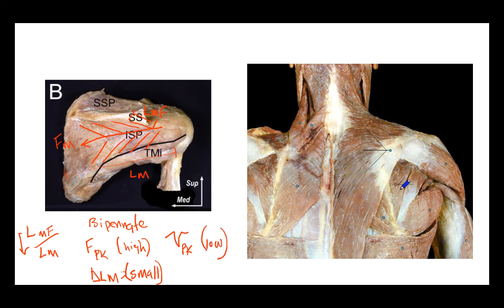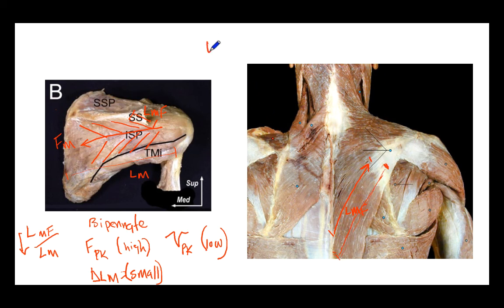Now, if we look at this muscle to the right, the trapezius muscle here, we can see a muscle fiber is running like this. And so this muscle fiber is actually the same as the length of the muscle. So this lower trap is running the same distance except for the tendon.